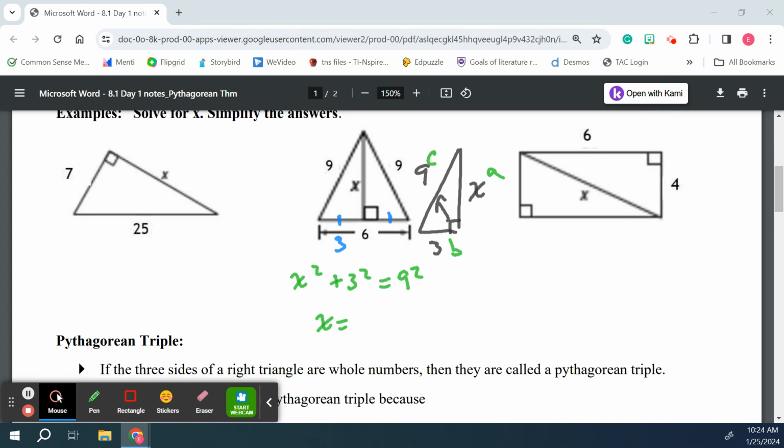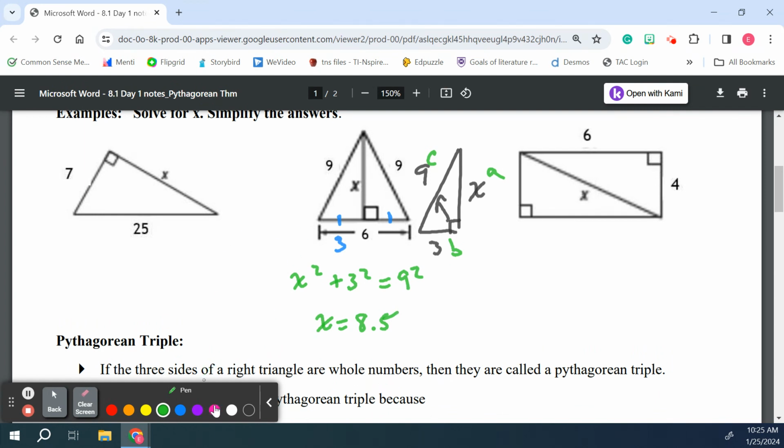What do we get? Sophia, what do we get? 8.5. Nice job. That's it. Does anybody need to see this? All right, let's try the next one.